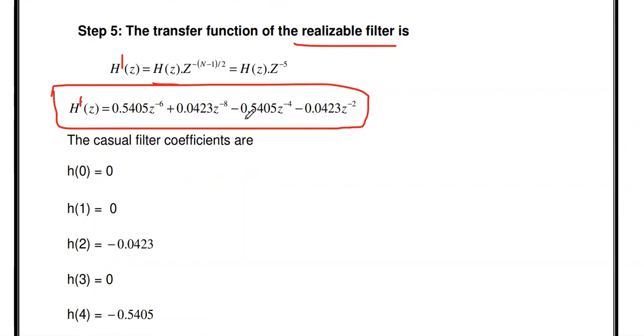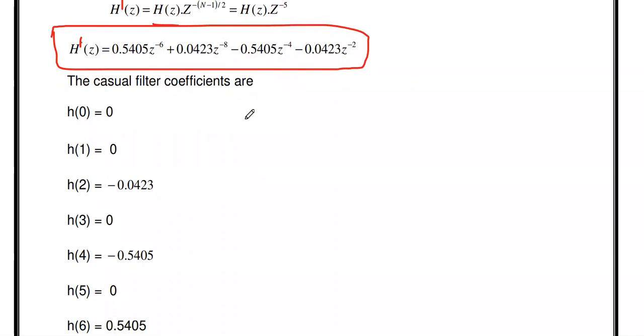From this we have to find the causal filter coefficients. Here you see we get only 4 coefficients: Z power minus 2, Z power minus 4, 8 and 6. So H of 0 is 0. H of 1 is also 0. H of 2, the coefficient of Z power minus 2, is minus 0.0423.